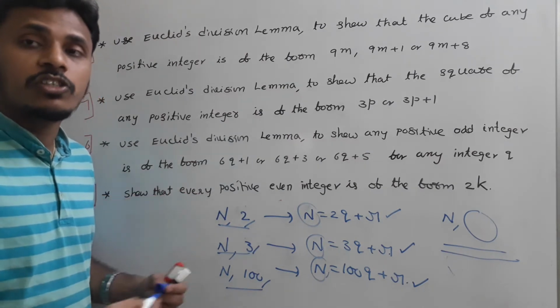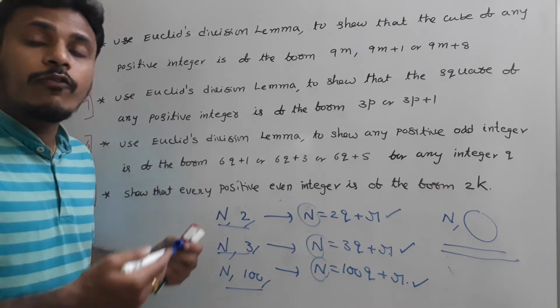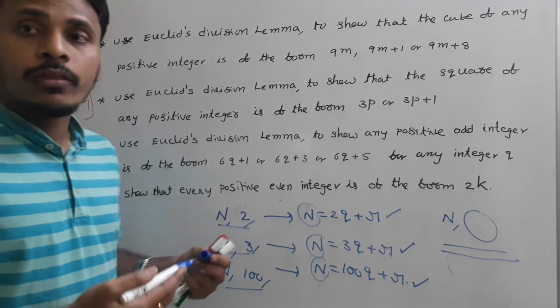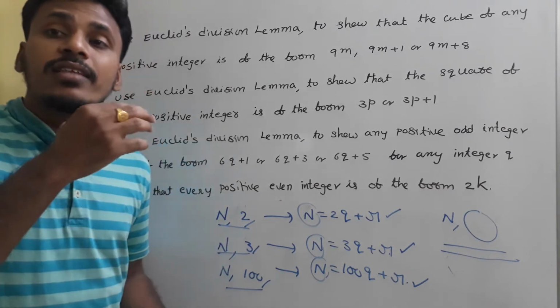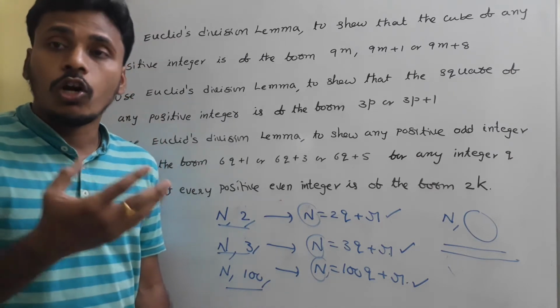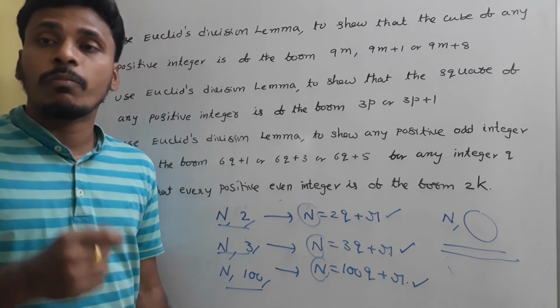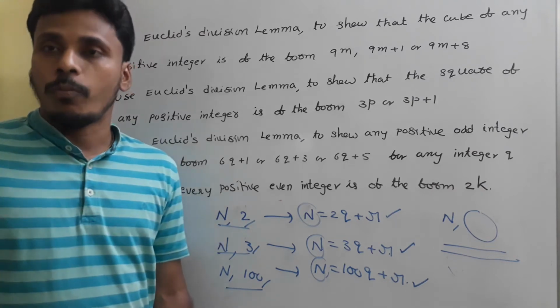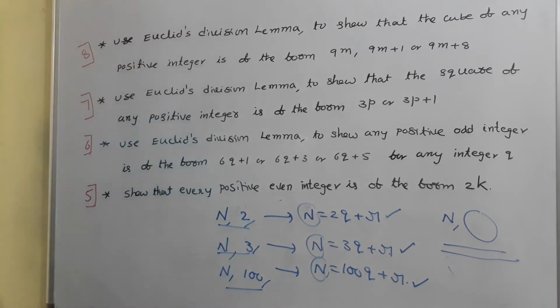Using that representation, we are going to solve problems and show different properties of numbers. Since that statement is helpful to show many properties of numbers, we call it Euclid's division lemma. As I said, a lemma is a statement which helps to prove many properties of numbers.